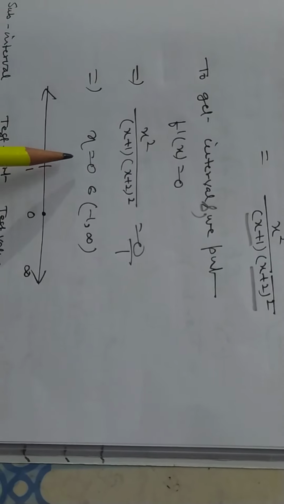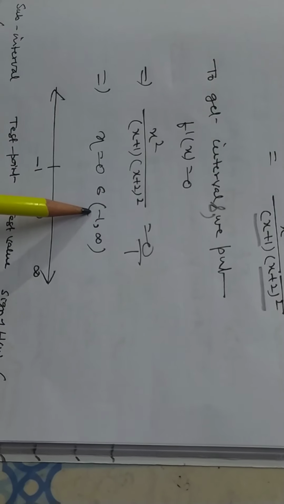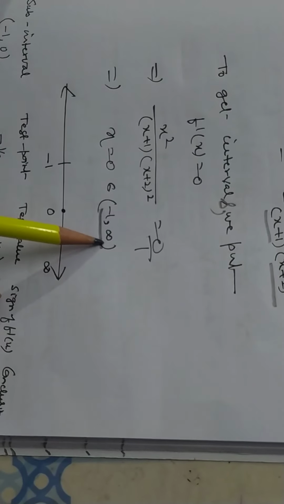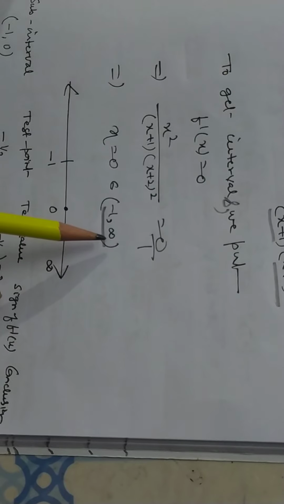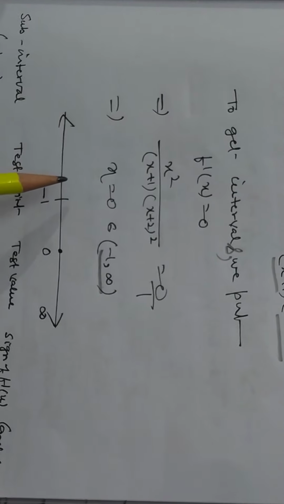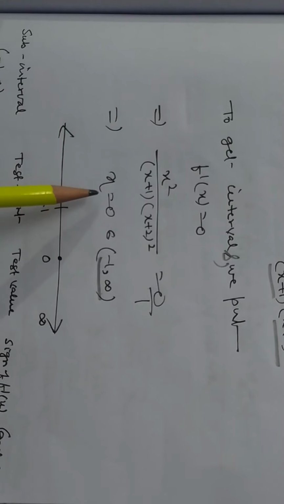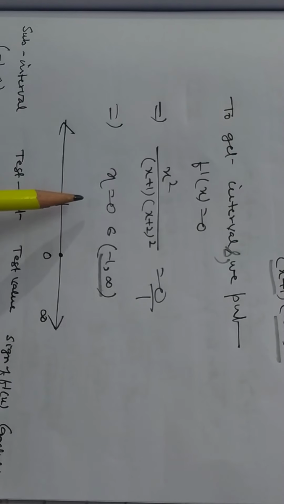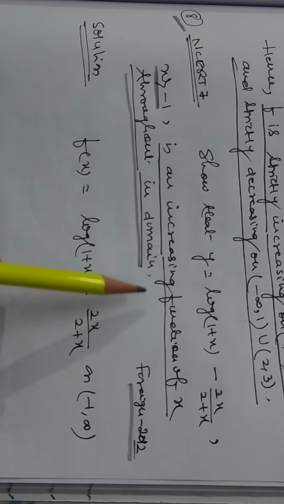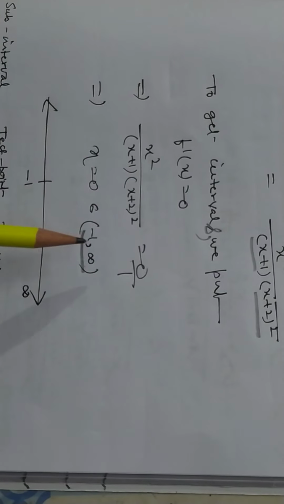Now you see, if the value of x belongs to minus 1 to infinity, then what do we observe? We observe that x is equal to 0. Here in this problem it is given that the value of x is greater than minus 1.